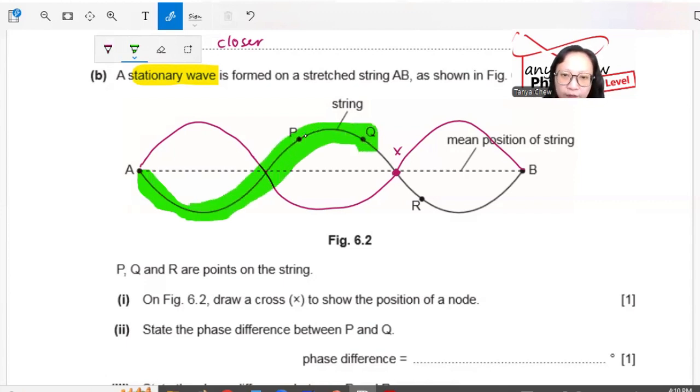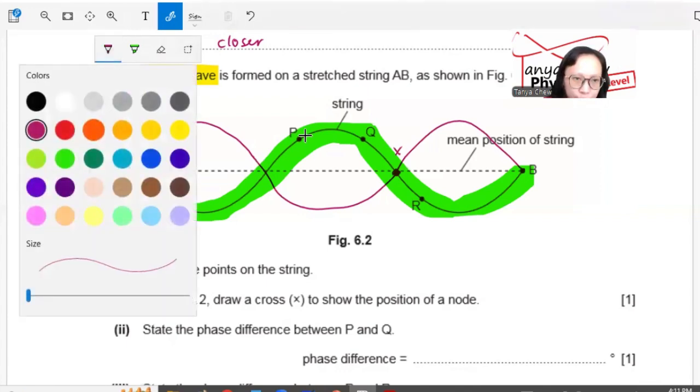You just look at this wave, the one that I highlighted green. Bear in mind, for stationary wave, the phase difference could be 0 phase difference or 180 degrees only, right? The points on the stationary wave can be 0 phase difference or in phase, or out of phase by 180 degrees only.